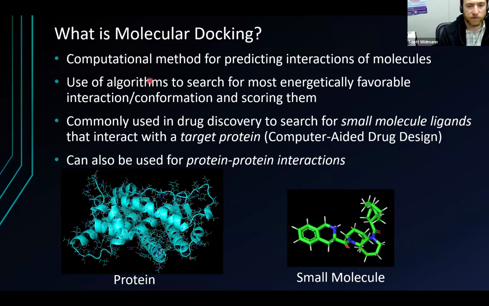This is a use of algorithms to search for the most energetically favorable interaction or positioning of your target molecule and then giving it a score. This is commonly used in drug discovery to search for small molecule ligands that interact with a target protein, such as a receptor. This is what we call computer-aided drug design. Like I said, it also can be used for other interactions, such as protein-protein interactions.